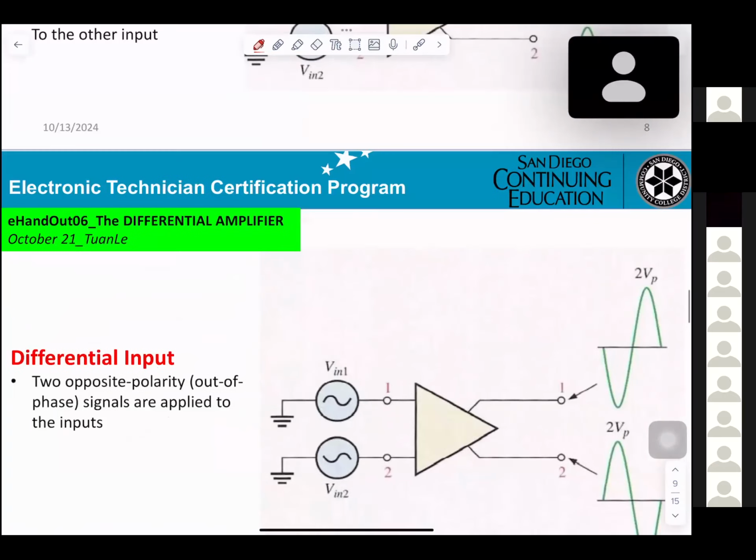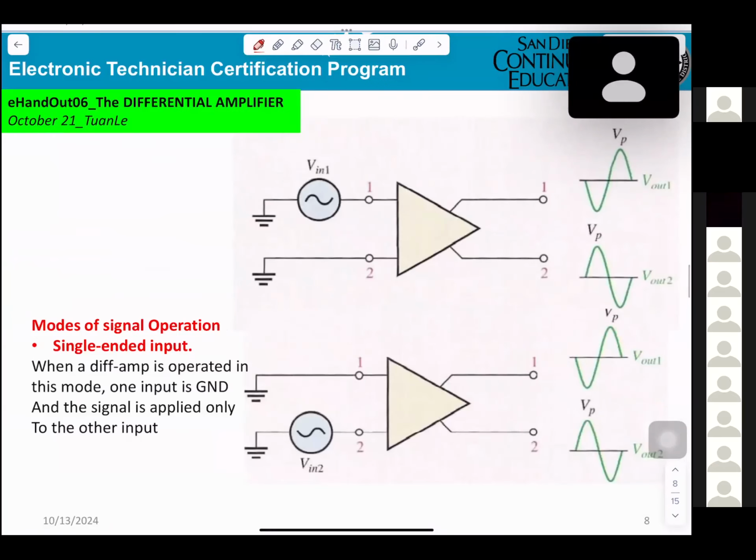Okay, now we'll see modes of signal operation. Single-ended input: when a differential amplifier is operated in this mode, one input is grounded and the signal is applied only to the other.